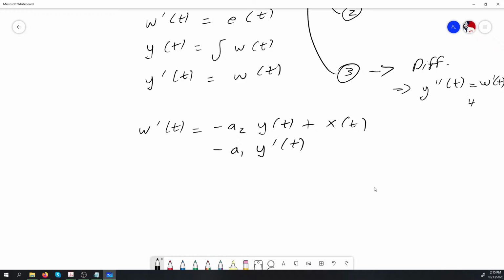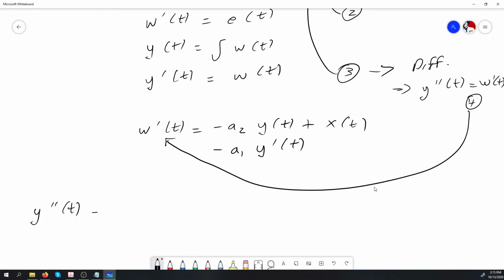Let's call this equation 4. And if we substitute 4 here, our resulting equation now becomes y double prime of t equal to minus a2 y of t plus x of t minus a1 y prime of t.